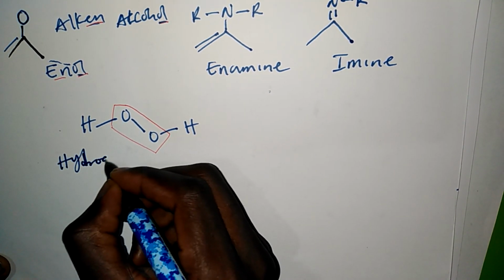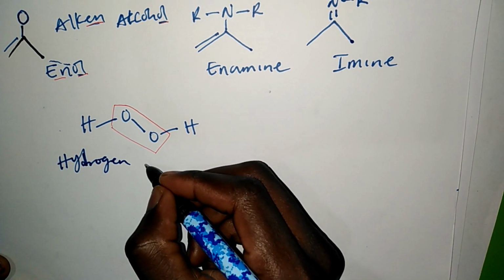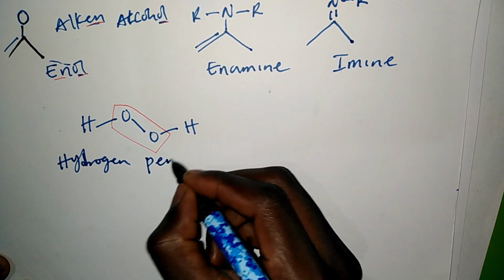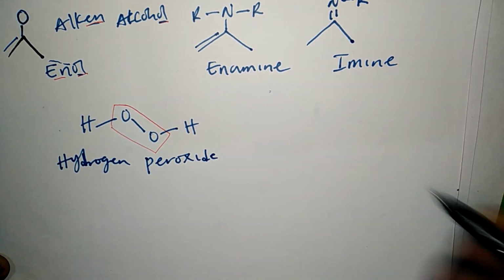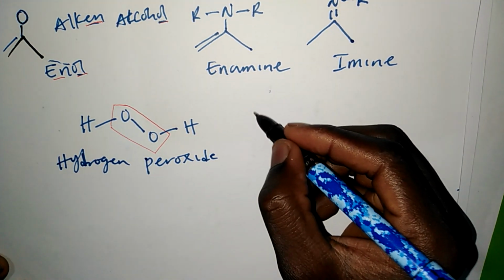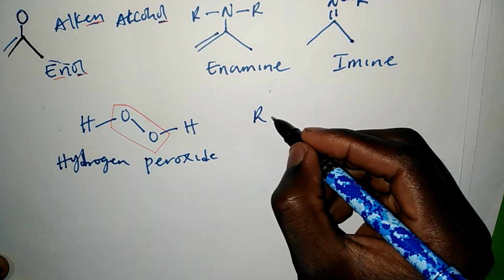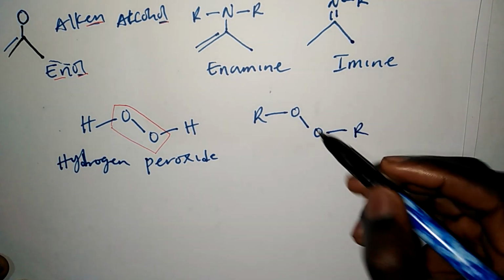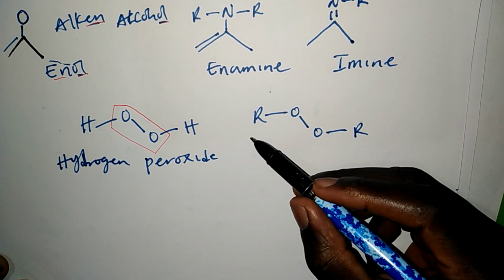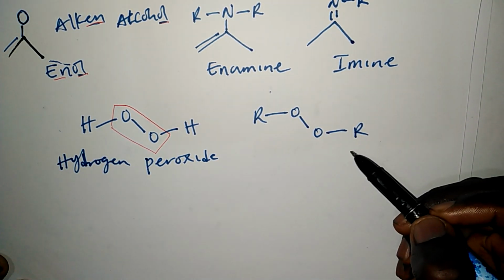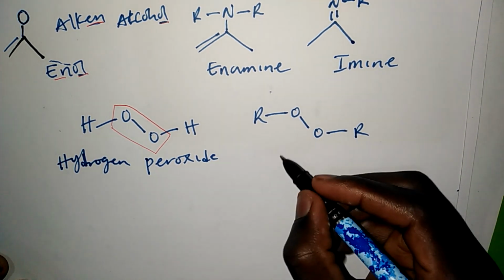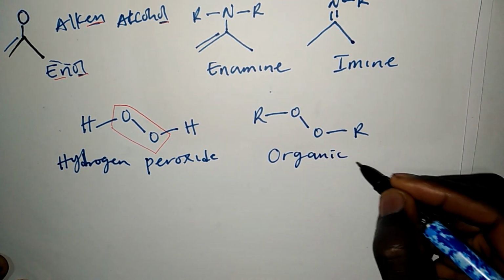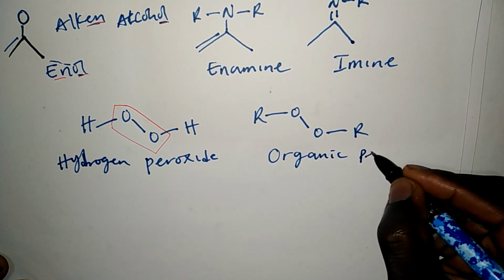Like in this case, because it's hydrogen, you call it hydrogen peroxide, right? Now what if you have it in an organic compound? We have R, now this is the peroxide group, but in this case we don't have it attached to two hydrogens, but we have it attached to two R groups. So in this case you call it an organic peroxide.